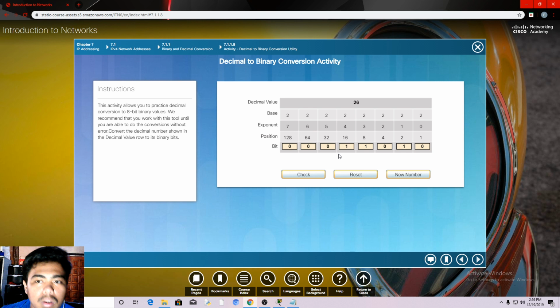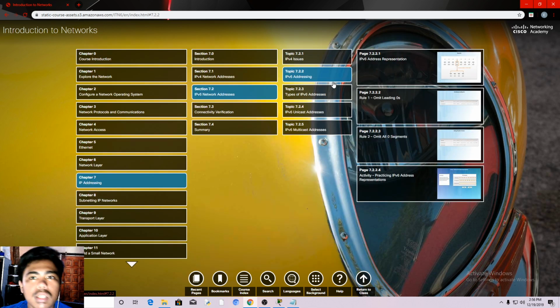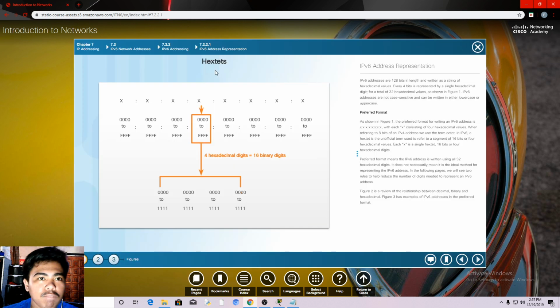In addition, for IPv6 network addressing, in the IPv6 address representation we have hextets, where the binary portion is converted into hexadecimal, which we call IPv6. IPv6 addresses are 128 bits in length and are written as a string of hexadecimal values.